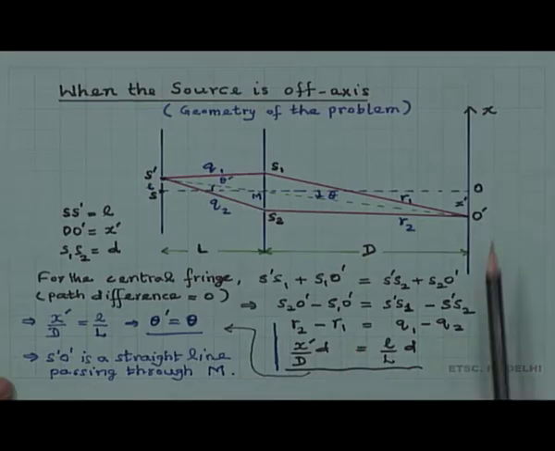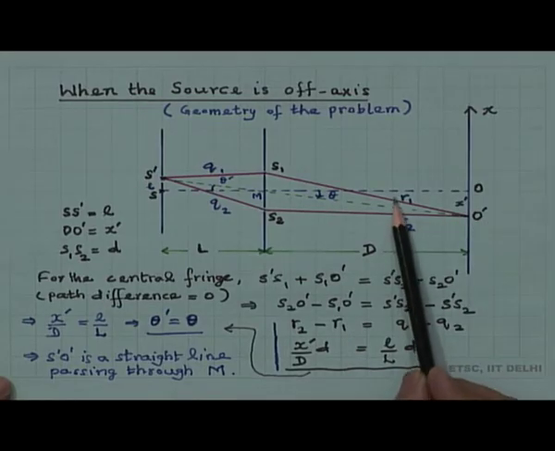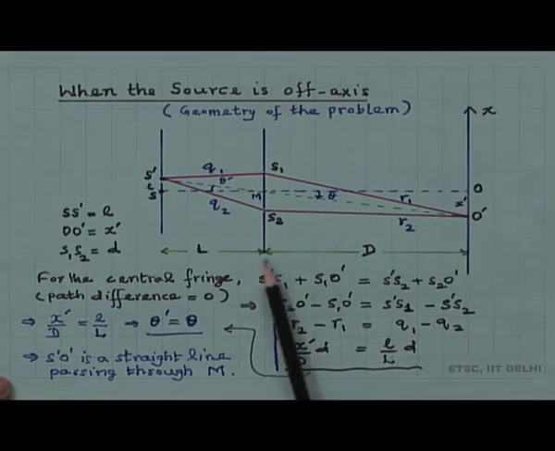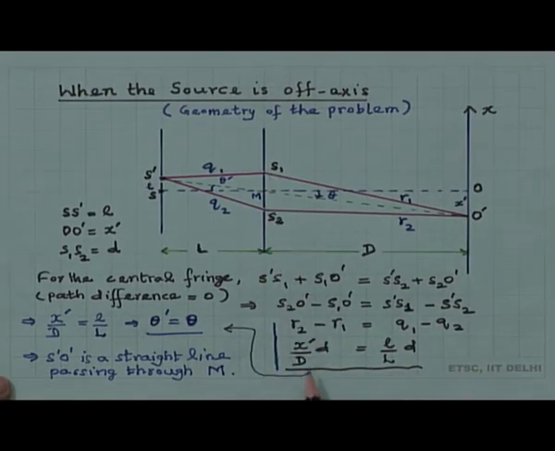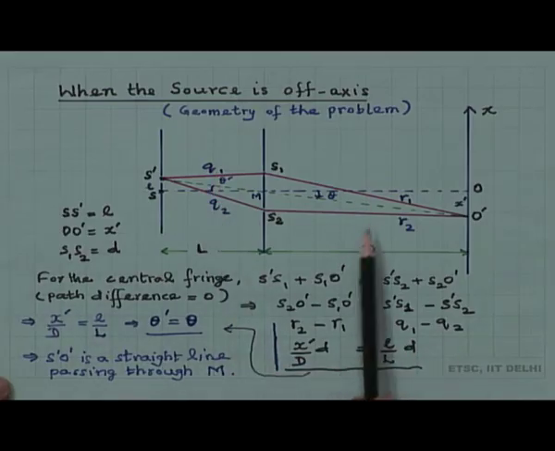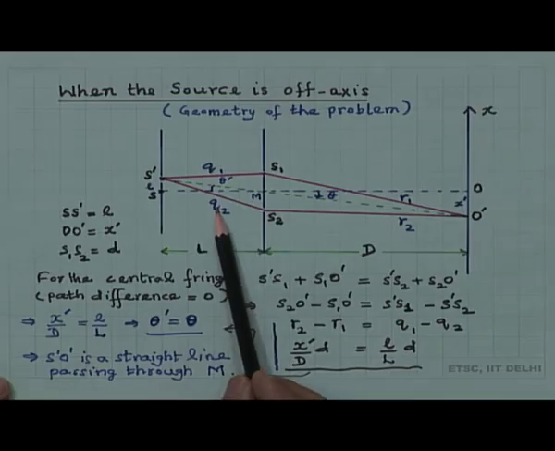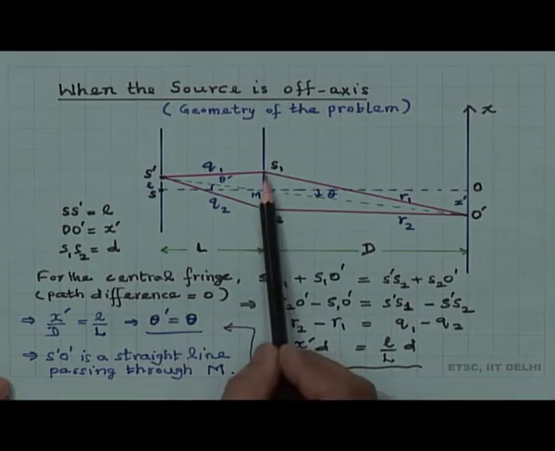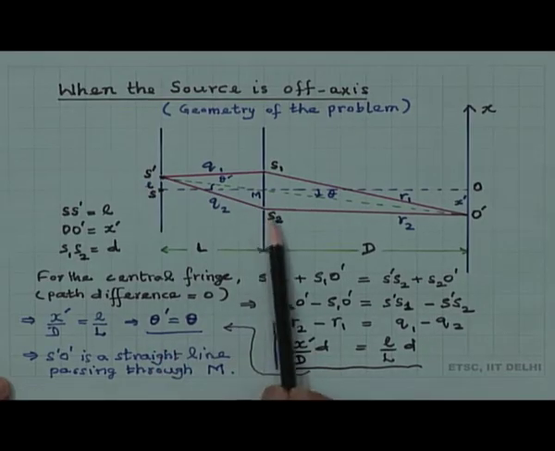So, R2 minus R1, we know the path difference between these in terms of the separation here and d, and that is x dash d by D, where x dash is the position here of O dash. So, R2 minus R1 is x dash d by D. Similarly, Q1 minus Q2 will be equal to l, the offset, divided by L into d, because it is from this triangle, this path difference.